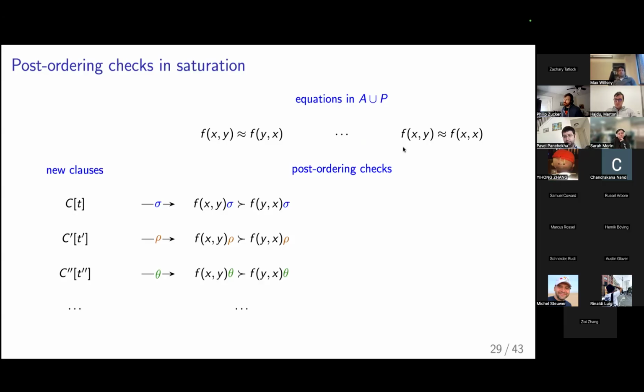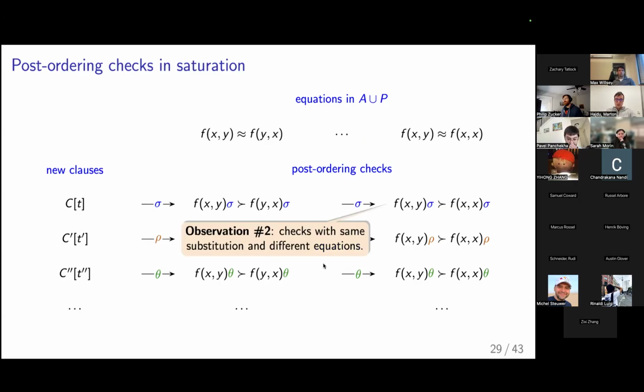For these we have this nice property that whatever term is matched with the left-hand side of the first equation, it will be also matched with the left-hand side of the second equation with the same substitution. And this happens for all subsequent post-ordering checks too. So the second observation is that there are some checks with the same substitution but different equations.